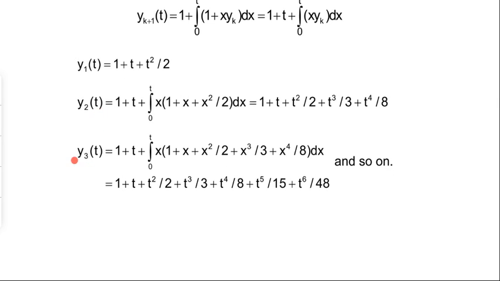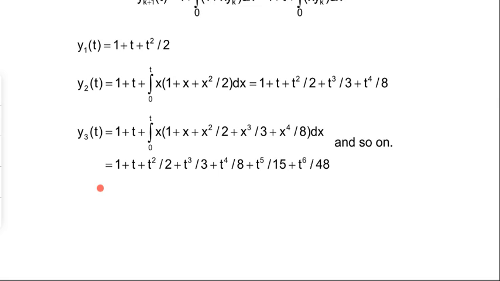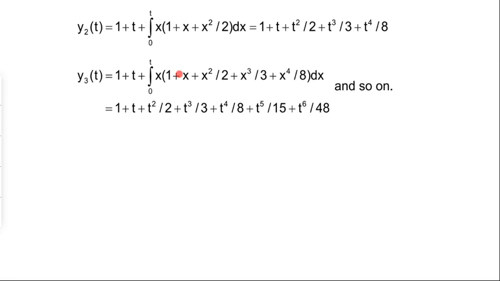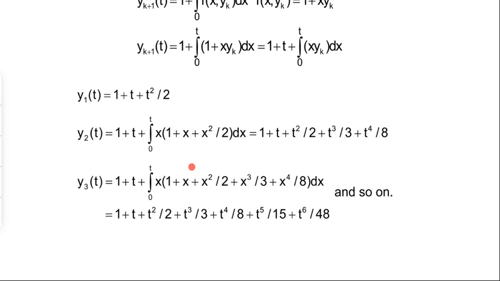And continuing this process will result in y3, y4, and so on. If someone considers, for example, 5 iterations of Picard's iteration, we will have an approximation. So continuing this process for 10 terms, then y10 will be a better approximation.